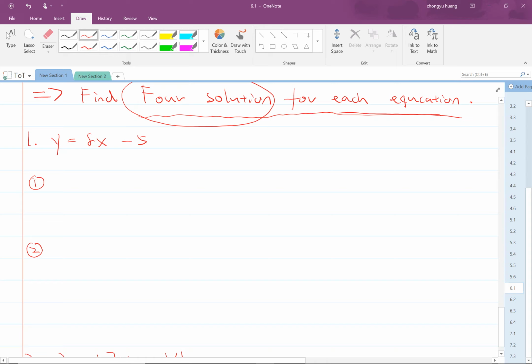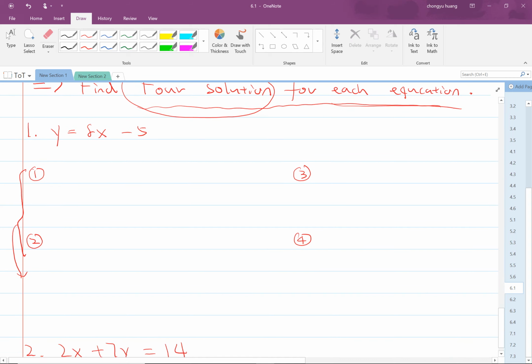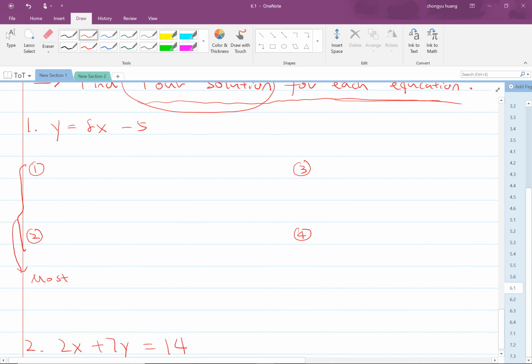Let me put in a reminder over here: the most easy points to find, always include them. Basically, these 2 points are the easiest for you to find, so you always want to include them.